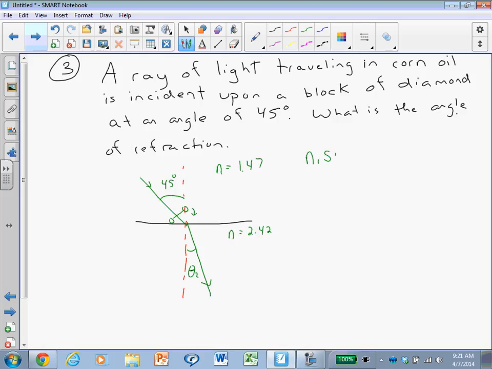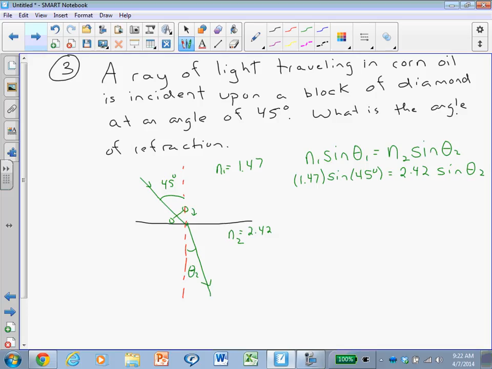N1 sine theta 1 equals N2 sine theta 2. This is our N1, and that's our N2. So we're coming from corn oil of 1.47 at 45 degrees into diamond. Okay.